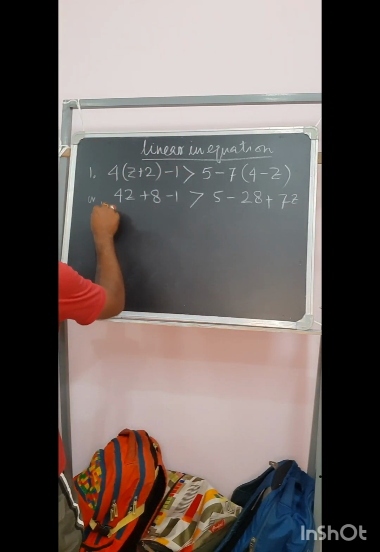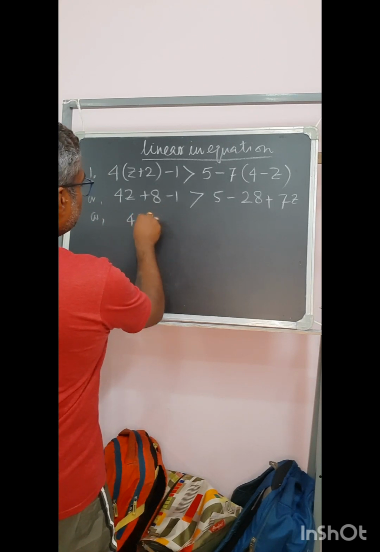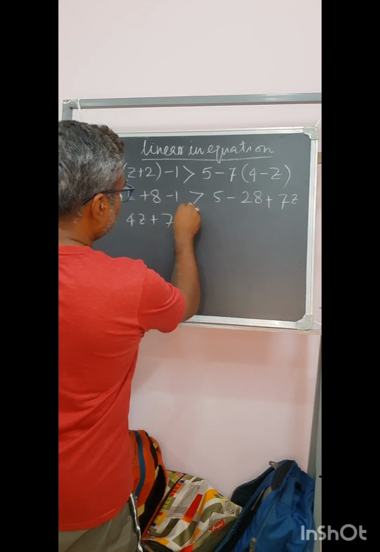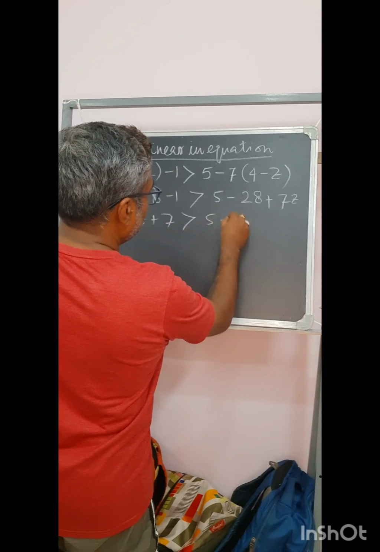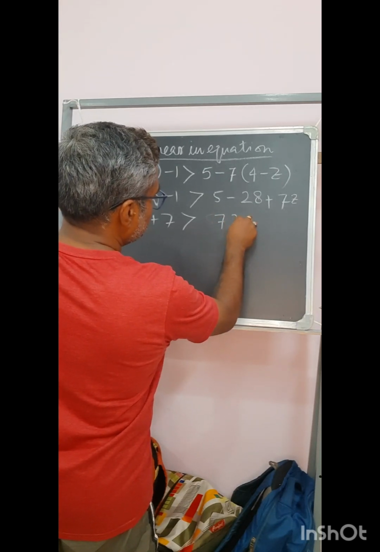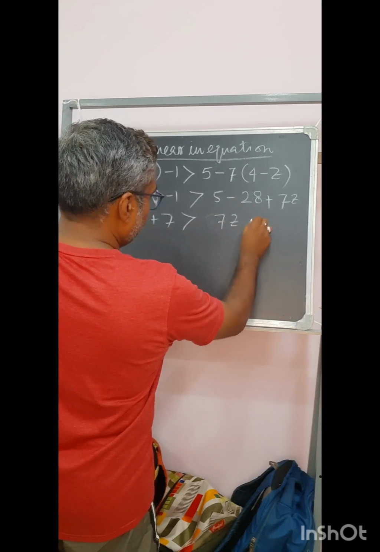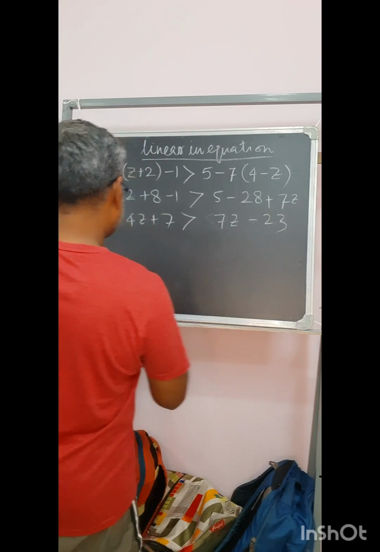Okay, now 8 minus 4z plus 7 greater than 5 minus 28. That means if I keep 7z at first place, this will be 23.